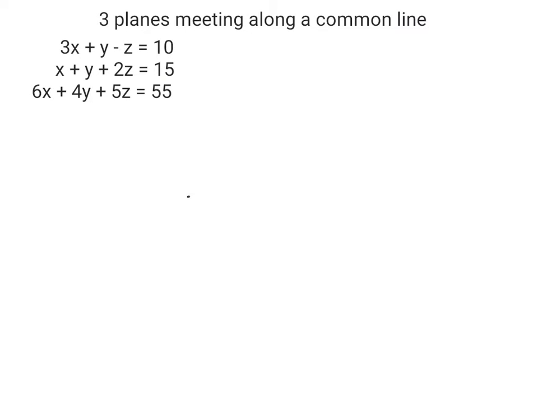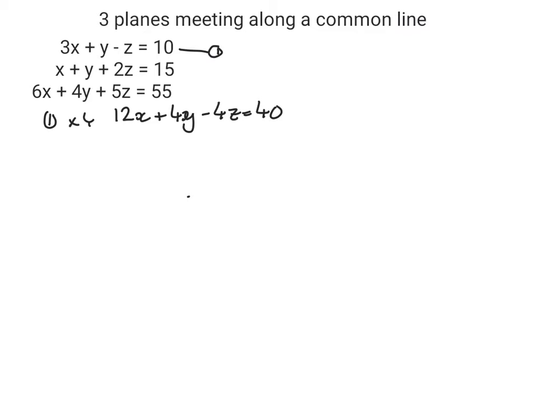So the first thing I'm going to do is multiply this first equation by 4, because I want to make the same number of y's, and that's going to give me 12x plus 4y minus 4z equals 40.